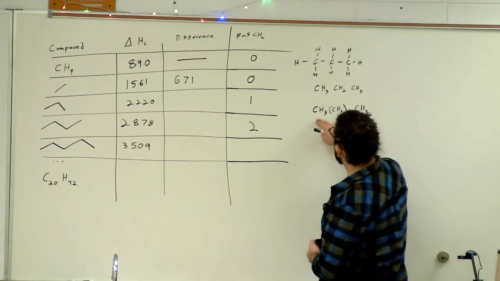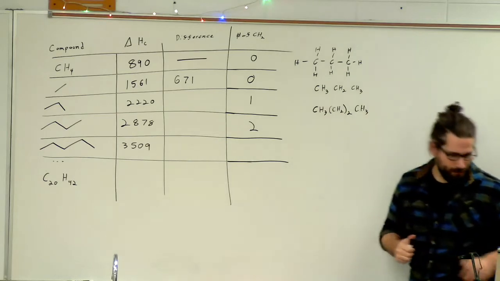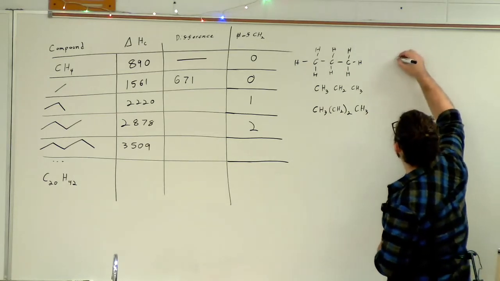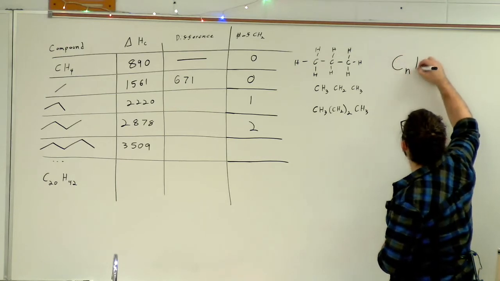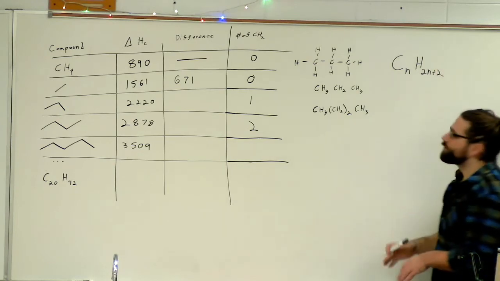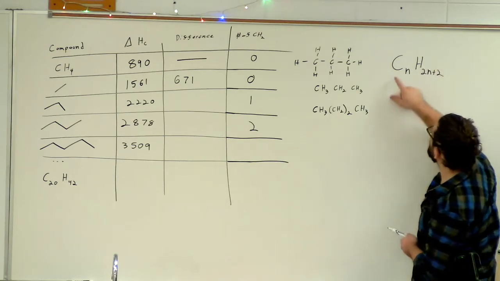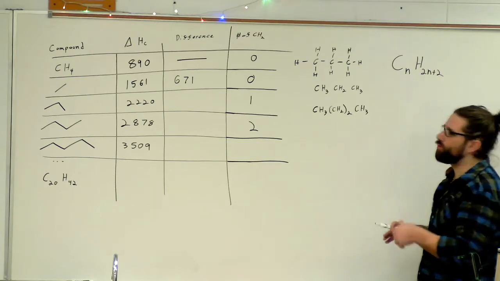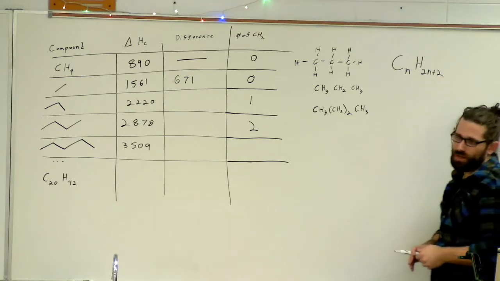I can generalize the formula of an alkane using the standardized form of CnH2n+2. So for every hydrocarbon, for every alkane, single bonds only, double bonds are going to futz with that a little bit.